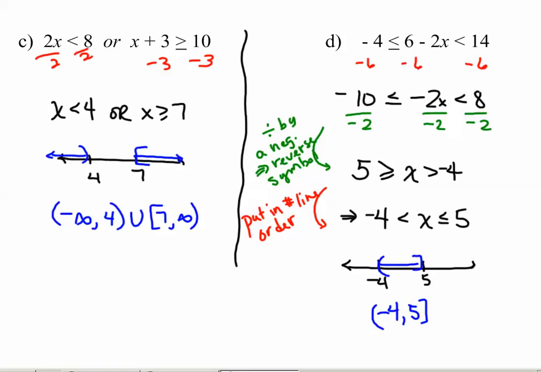We want to put it in number line order before we graph it or come up with any kind of intervals. So let's start with the -4. That's going to have to be less than the x. See, it's still got the little point towards the -4, and that's going to be less than or equal to the 5. Okay, now I can get my interval -4 to 5 with a parenthesis on the -4, not included, bracket on the 5, included.